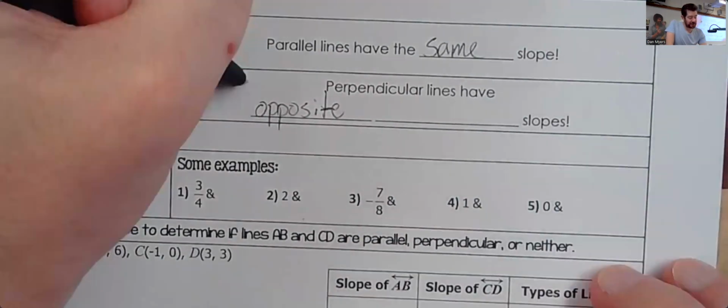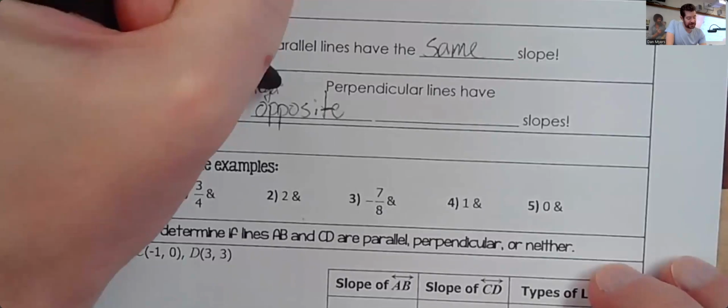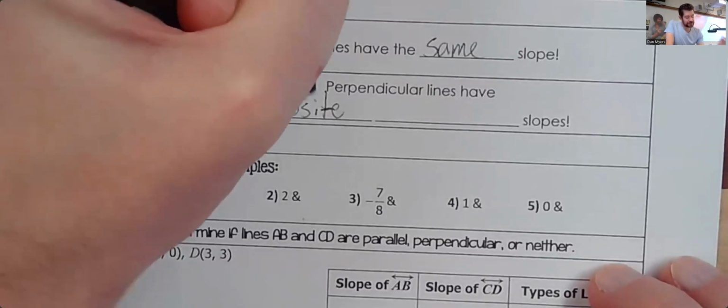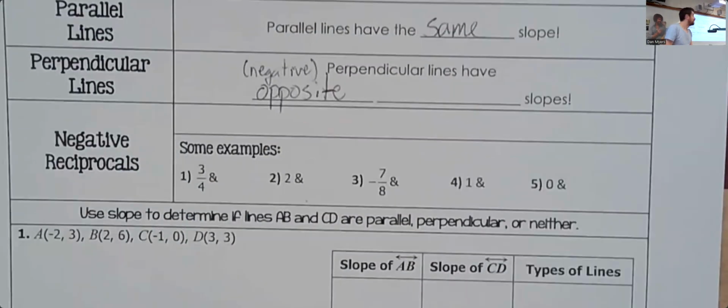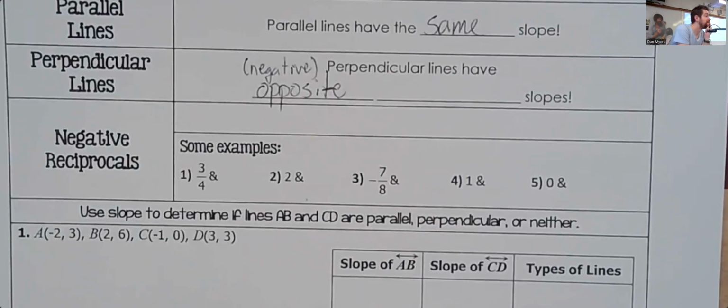And up above here, I'm going to write the word negative, but I like the word opposite. I'll give you a hint. Look at the next line underneath it. Yeah, reciprocal.